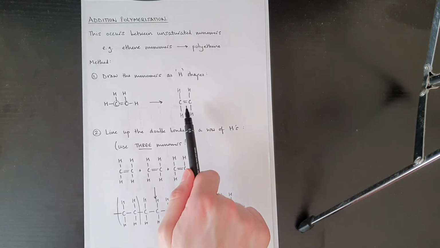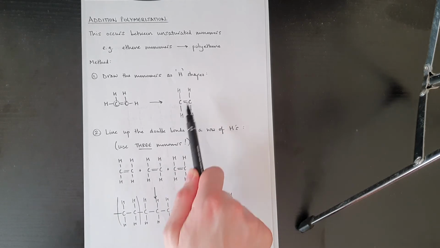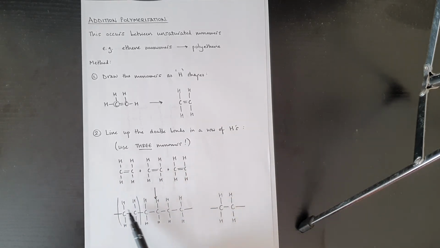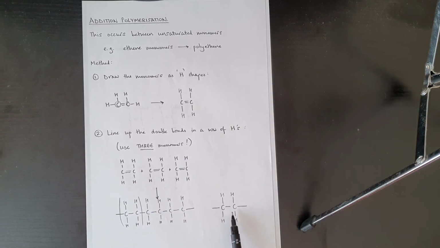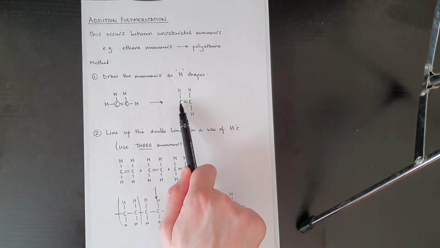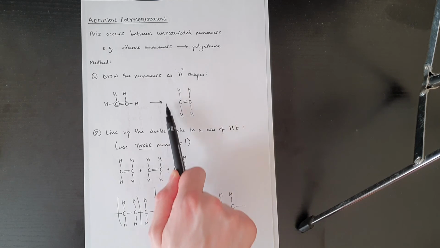We need to remember to draw the monomers as H shapes. We need to remember how the double bonds break to form the singly bonded chain of carbons. And we also need to remember the differences between a monomer and a repeating unit. So a monomer has the double bond and nothing to the sides, because it exists on its own.